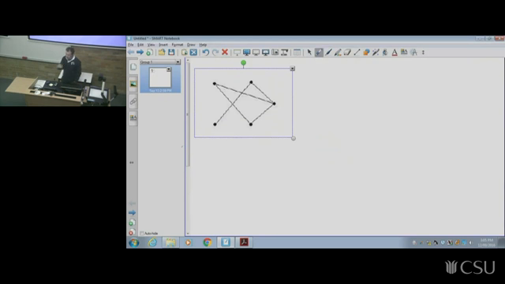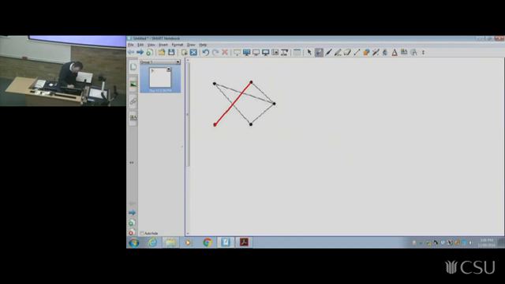So I need to choose some of the edges from this. I can't use them all, but some of these edges to make a tree structure. I need to make sure I include all the vertices. So if you think of this vertex here, for example, the only way that it's going to be connected to everything else is if I include that edge. Otherwise, that vertex will be disconnected and it won't be a tree.